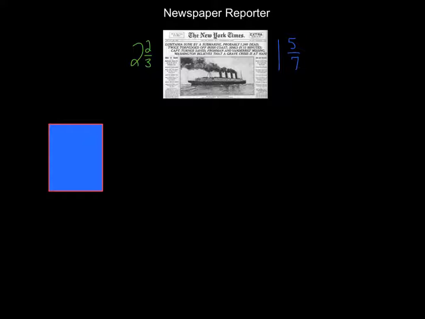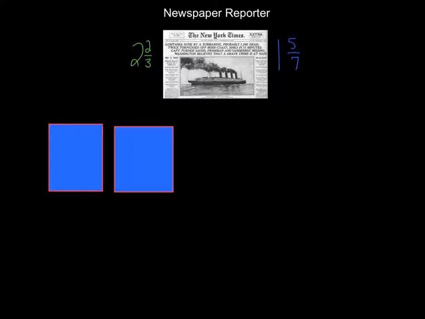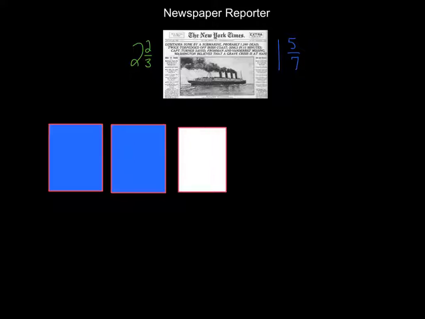I'm going to draw, to represent this 2 2/3, 2 boxes for the 2 wholes that we have, right? The 2 full pages of the newspaper. And then I'm going to draw another one that is blank, and that will represent the 2/3.